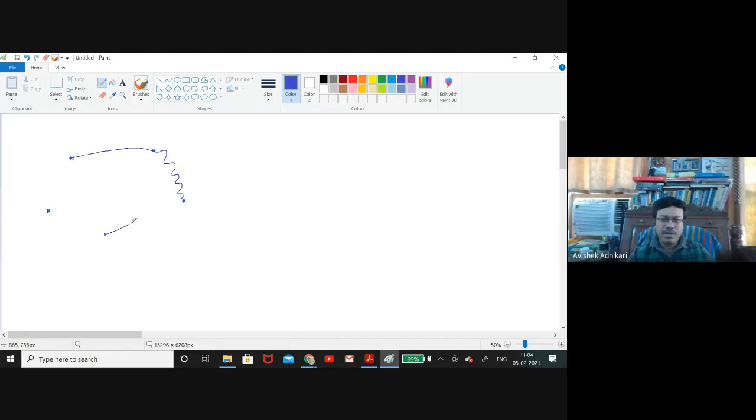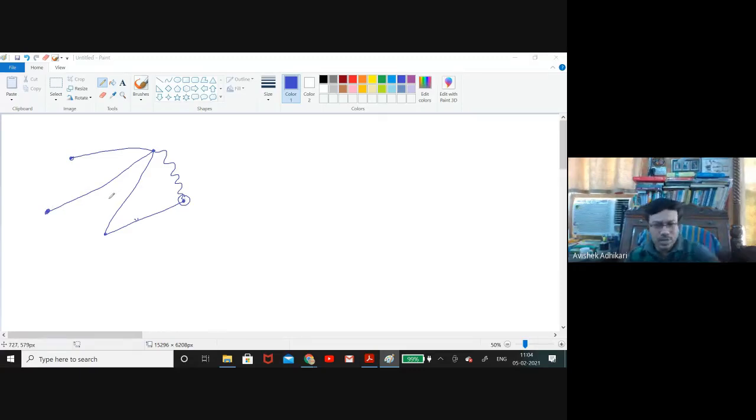That means the connectivity is more important. This edge is incident at this vertex and this edge is incident at this vertex. And suppose there is another edge from here to here and maybe from here to here. So what is the meaning of a walk?